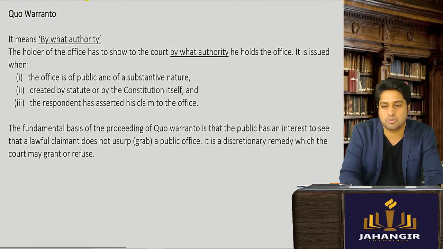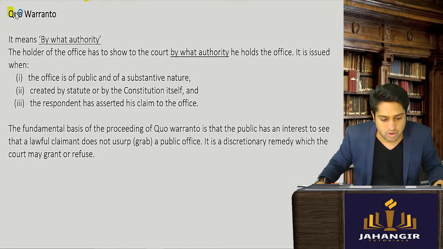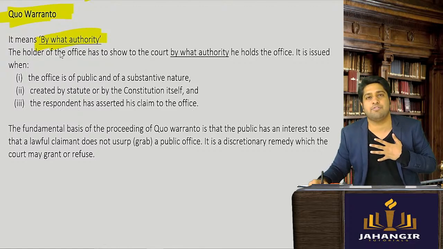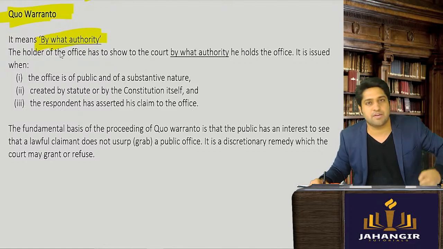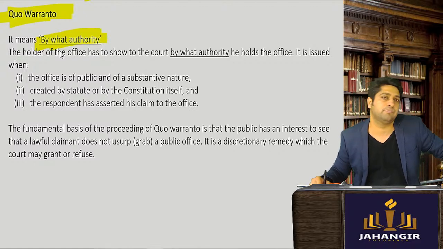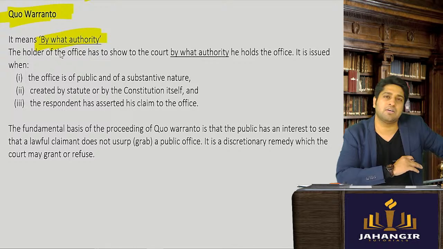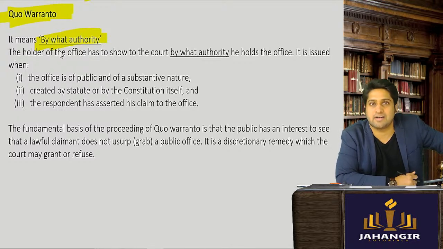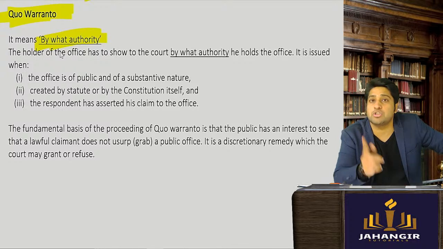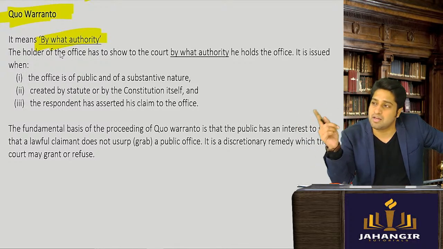The next we come to is quo warranto. Quo warranto means by what authority? So let's say there is a politician, he has favored his own son and he is giving him a government job. And there is another one who is an IAS officer who is ranked and worked hard, and he is saying that I would have got the job, because you gave it to your son, I did not get it.